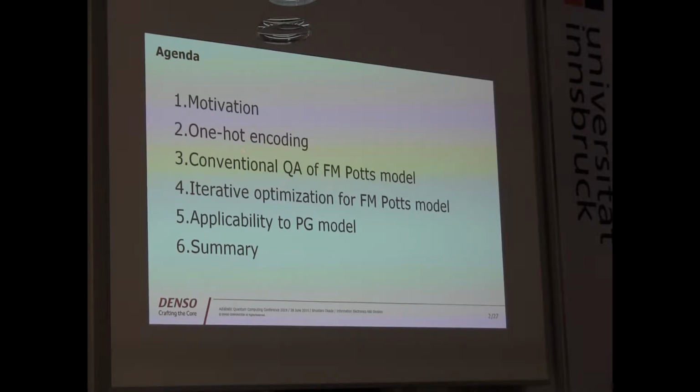After that, I propose an iterative optimization method for the ferromagnetic Potts model to avoid the first-order phase transition. Then, the applicability of the proposed method to the Potts class model is discussed. And lastly, I summarize this talk.